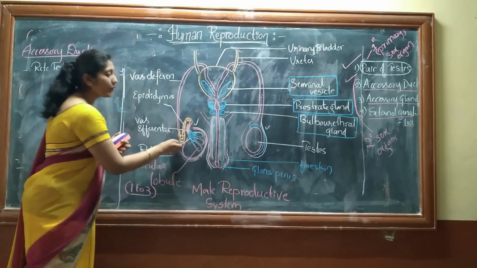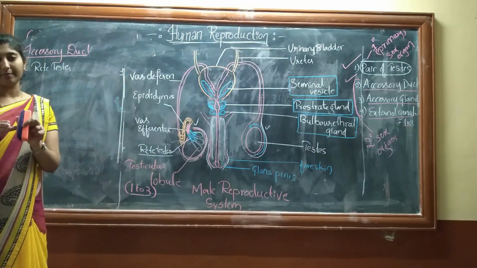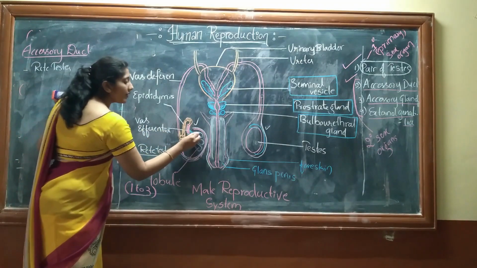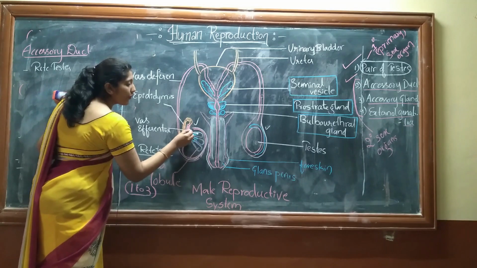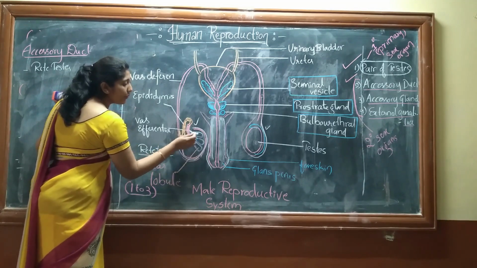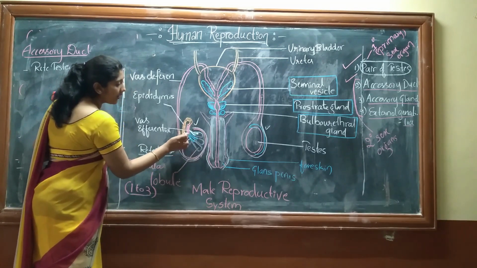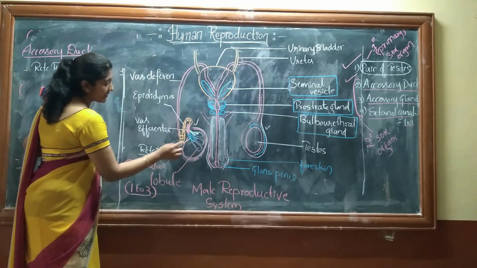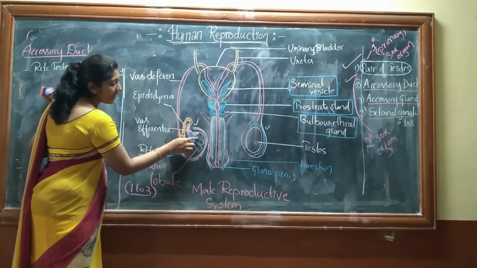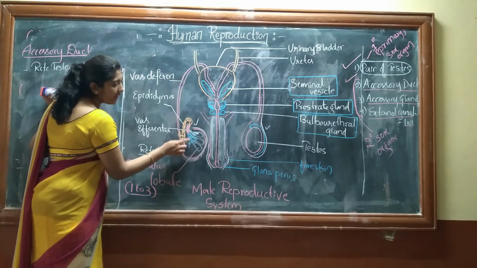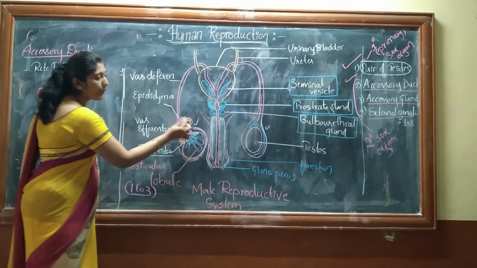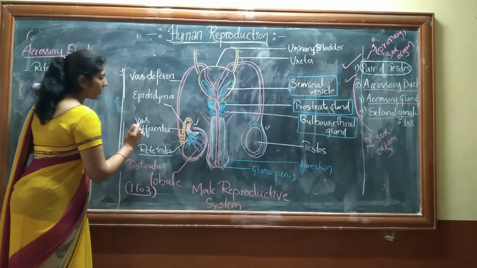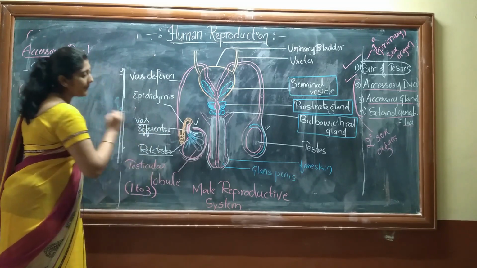So you just imagine the concept. In the testes, I told you, there are so many compartments. In the compartments, seminiferous tubules. So the ducts arriving from the seminiferous tubules, they are sky blue in color. That is the rete testis, and all the ducts which are coming from every compartment join together, and this duct is called the vas efferentia.